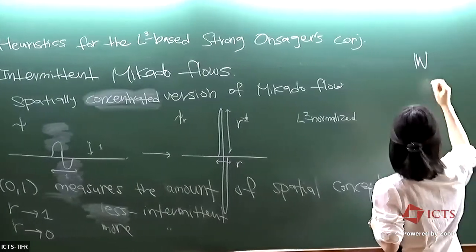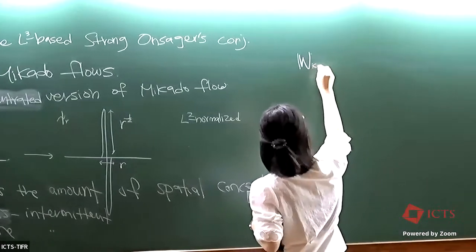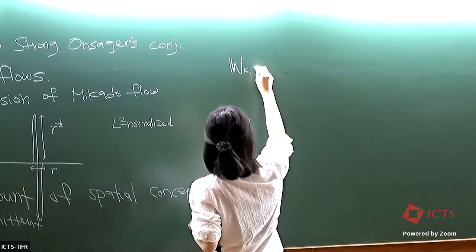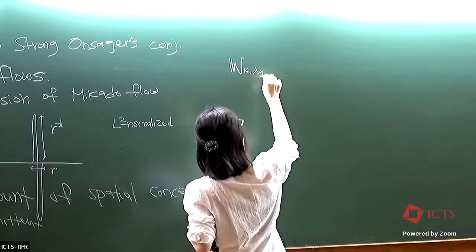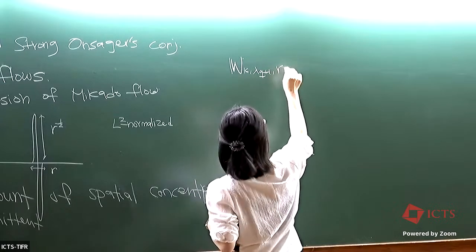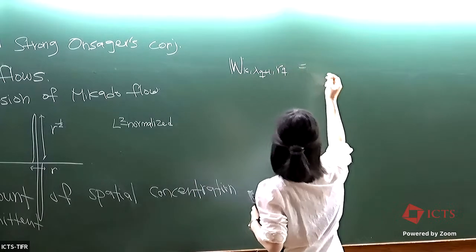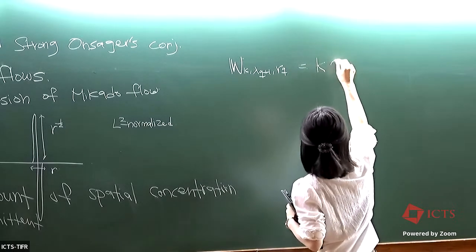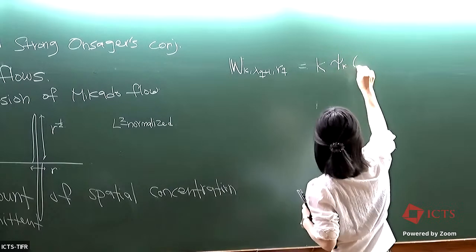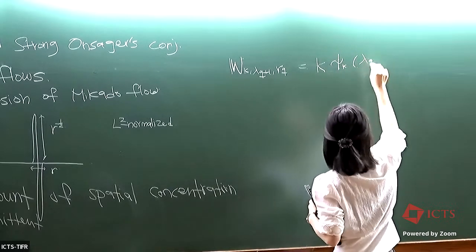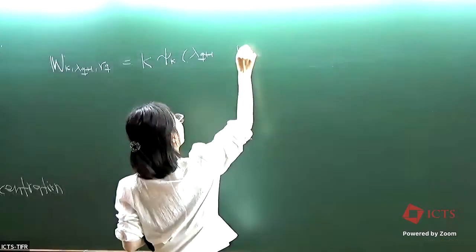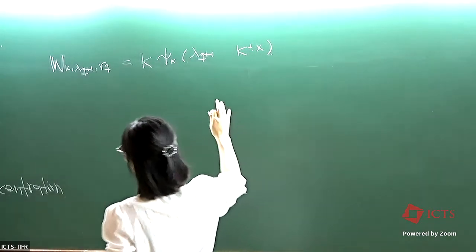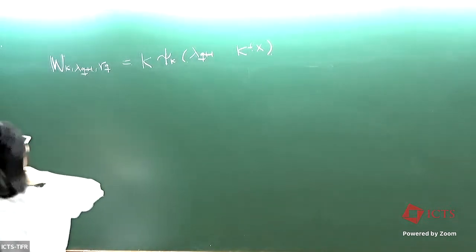Now, there will be a direction K, a rescaling parameter lambda Q plus 1, and let's say RQ. Originally, it looks like this: just the direction of K, and then psi K, and lambda Q plus 1, K dot X. So this was the original form, like the original Mikado flow.